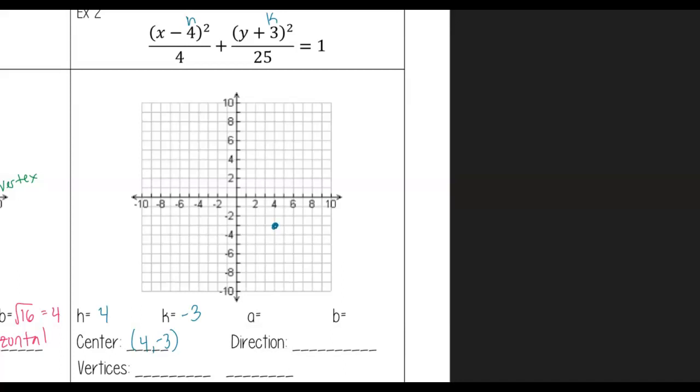Okay, so what is our A value? Let's do Isabella. What is our A value?